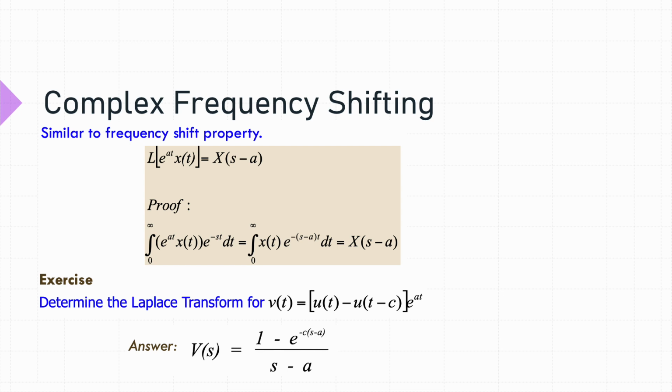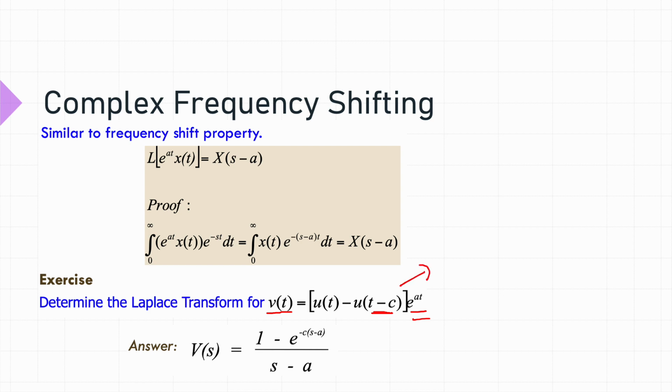Next, for complex frequency shifting, it is more or less similar to the frequency shift property that we looked at just now, a few slides back. For example, you have this equation, f(t) equals u(t) minus c. We know that there is an involvement of time shifting and also a frequency shift, meaning this is a complex equation.